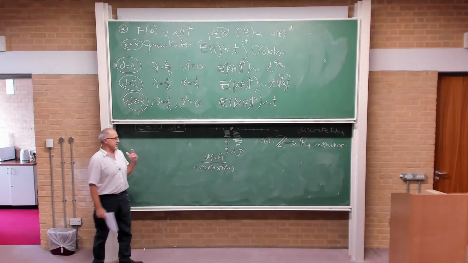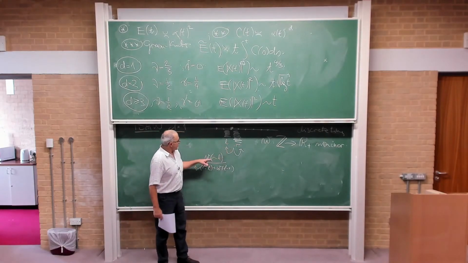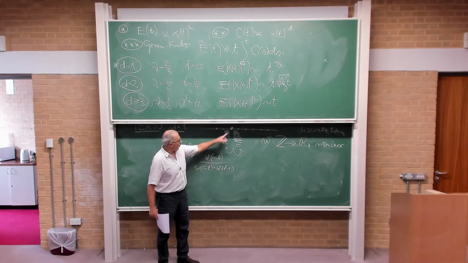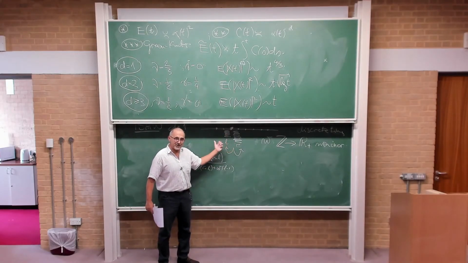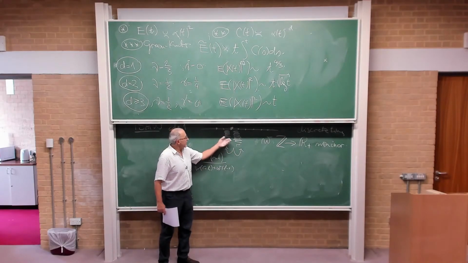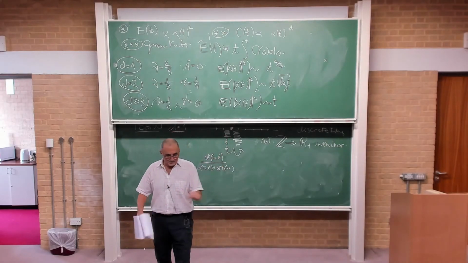So what matters is that W is a non-increasing function of R minus L. That means that the walker is pushed locally towards that part, in that direction where it spent less time in the past.